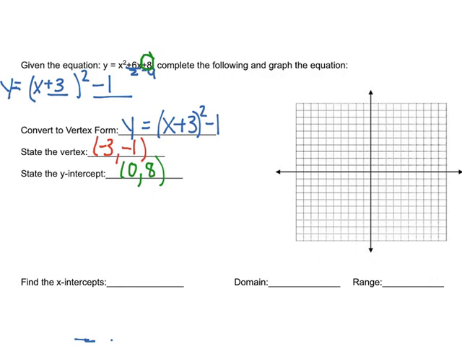The next thing that we want to do is to find the x-intercepts. So our equation is y equals x squared plus 6x plus 8. In order to find the x-intercepts, I need to factor. So I'm going to go ahead and set up my box and diamond.